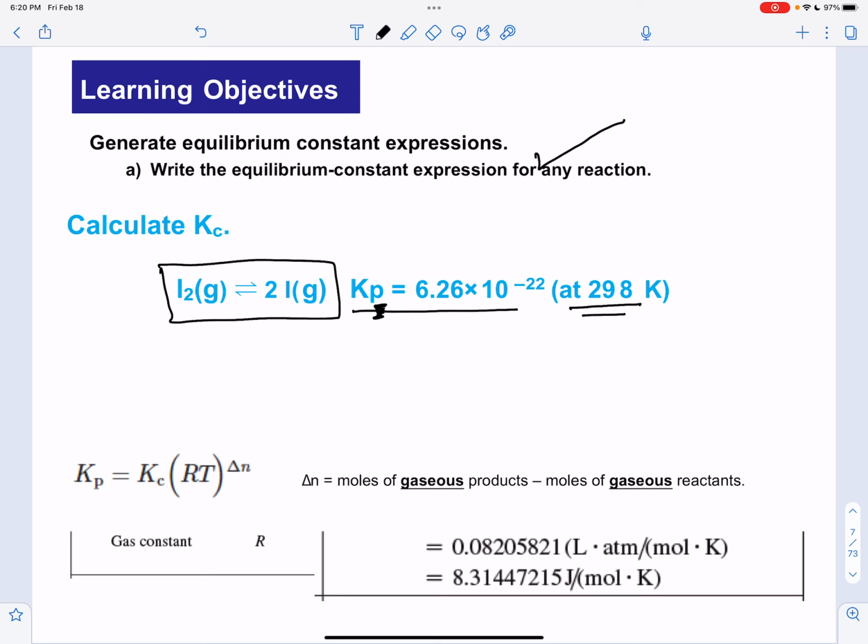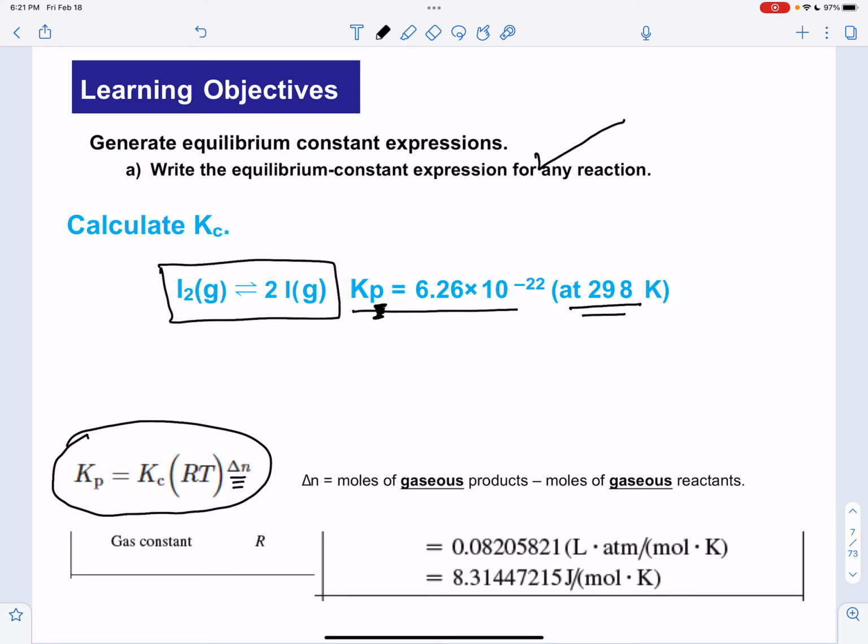So what we're going to do here is see how Kp relates to Kc. We can do that mathematically, where delta n is the difference in moles, based on the coefficients, between the products and the reactants for the gaseous components.